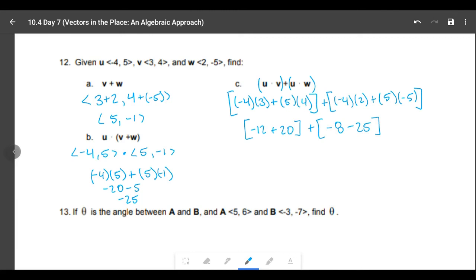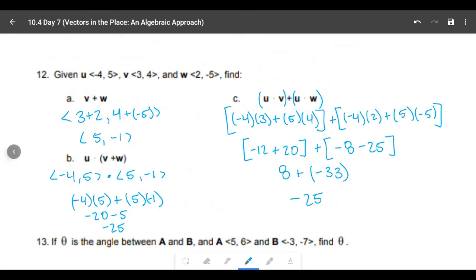That negative 12 plus 20 gives me 8. And the negative 8 minus 25 gives me negative 33. And so 8 minus 33 gives me negative 25. So what part C just showed us was that the dot product is distributive.